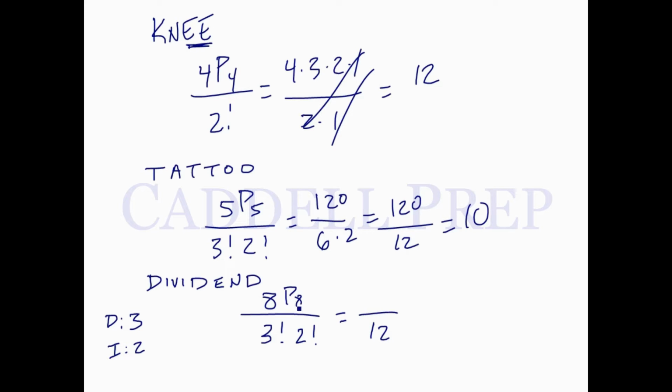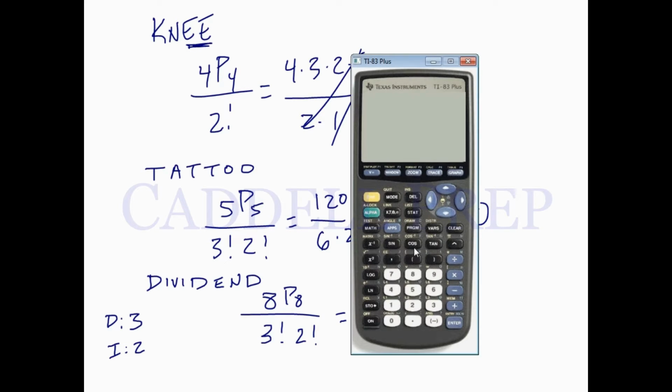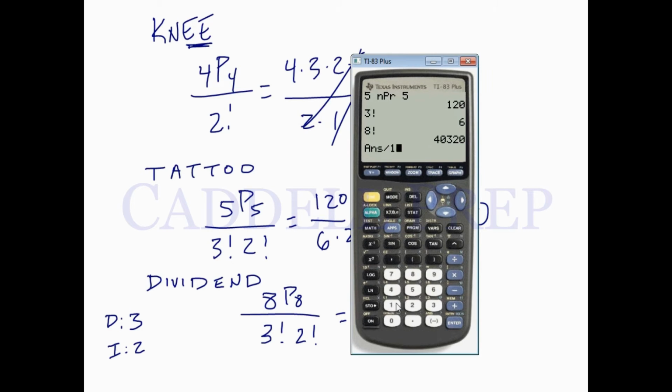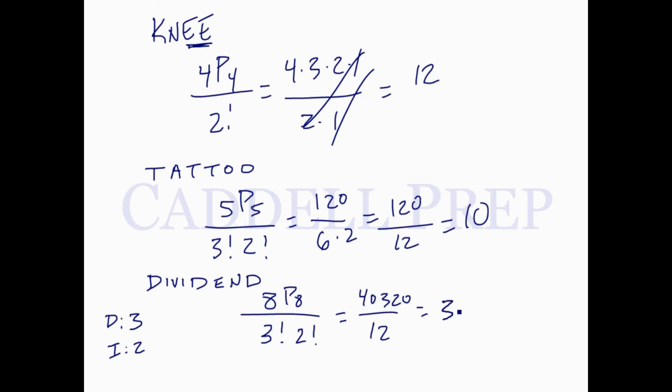Then we have 8P8 on top. So I'm just going to do 8 factorial. It's the same thing. 40,320. And now divide that by 12. 3,360.